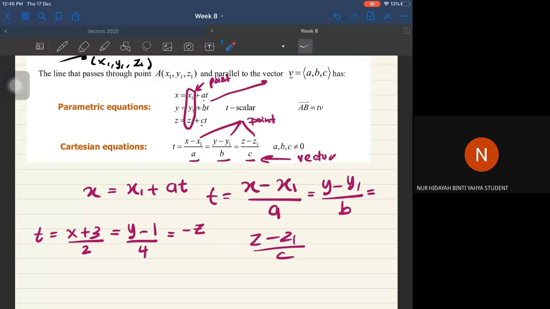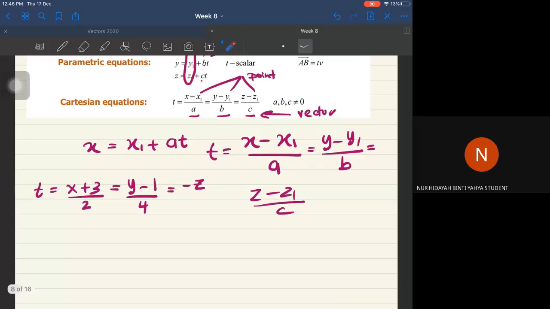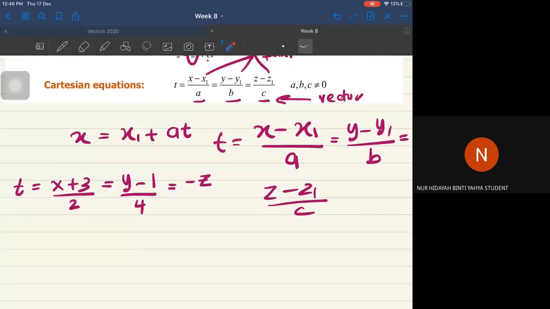Lagi? Vektor awak adalah, you kenalah consider yang ni sekali. Yang ni kalau tak ada ni maksudnya bawah ni apa? Dia bukan kosong. Kalau kosong, semua ni tak ada. Okay, be careful. So vektor dia adalah 2, 4, 1. Bukan 2, 4, 0. So vektor dia daripada sini adalah 2, 4, 1. 1 ke negatif 1?